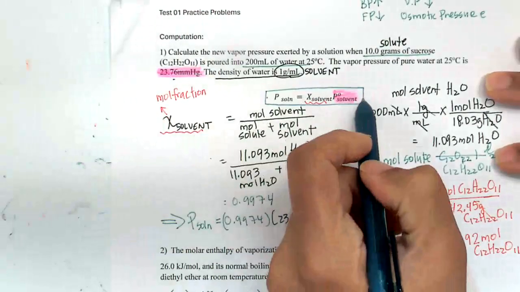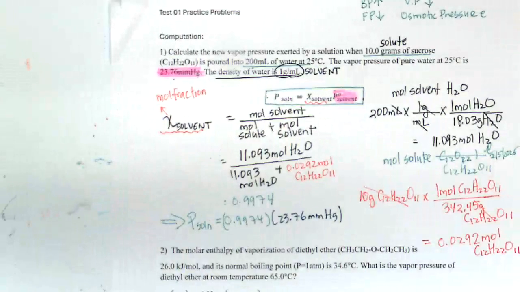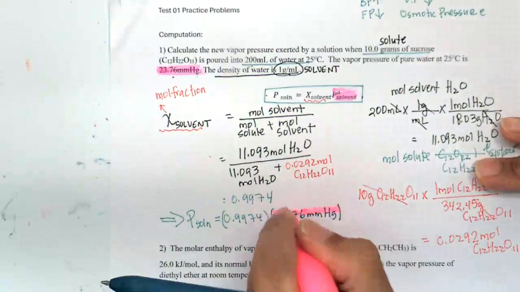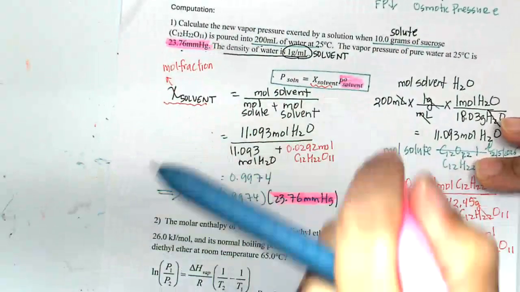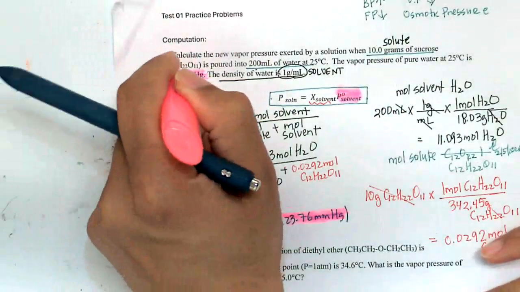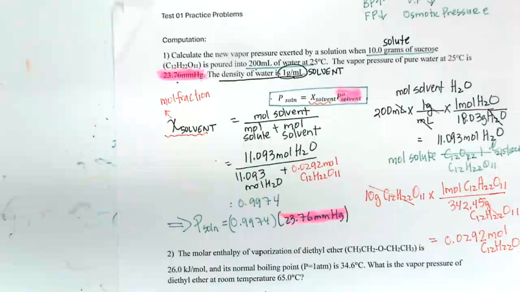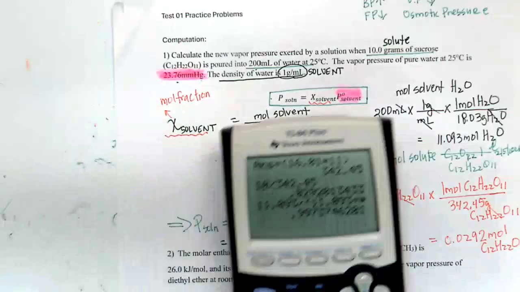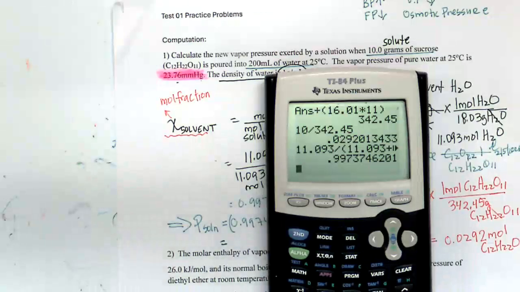Okay, remember, this is from the equation. And this should give us the answer. 0.9974 times 23.76.